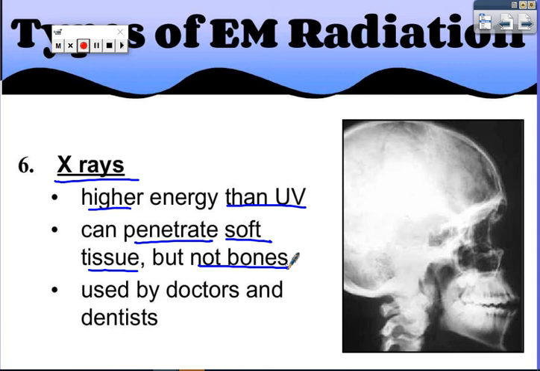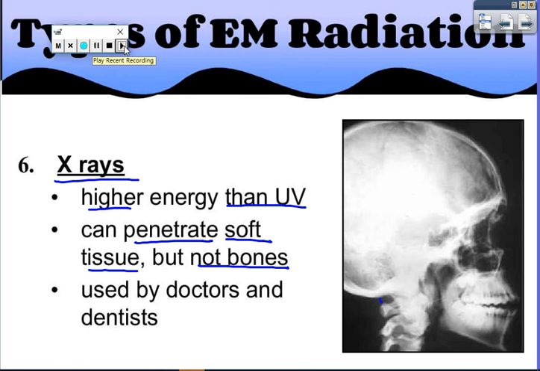This is why when you get an X-ray, you can see just the bones are left behind, because they will go through the soft tissues and will bounce back off of the bone. So when it bounces back, it creates this image. The waves that are going through the soft tissue are not bounced back, which is why we don't see them. So this is used for doctors and dentists and things to see bone structures.